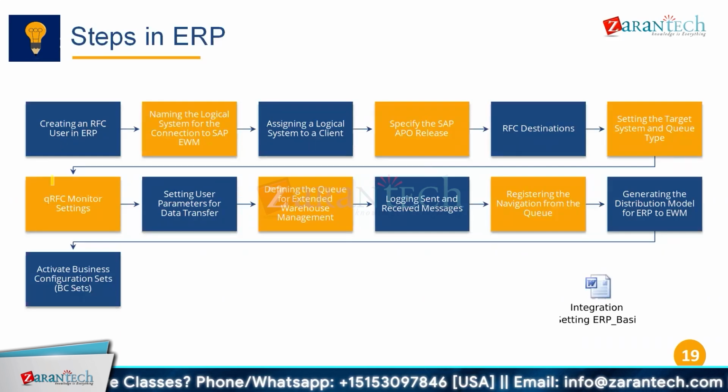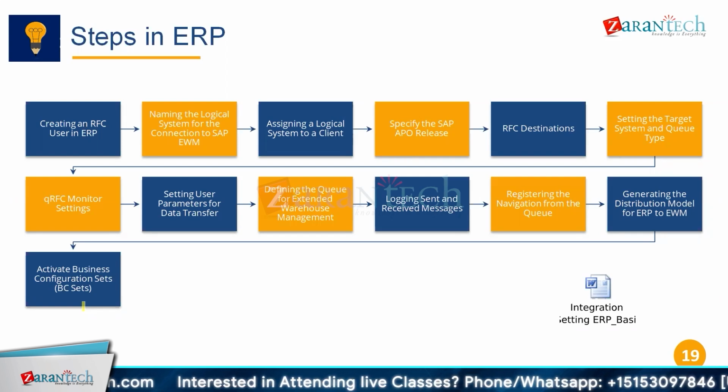There are also some BC sets recommended by SAP to activate as part of these basis settings. I don't want to say that these are the settings to always do and follow this document, because things keep on changing. These are the settings which were there in 1909. So you need to go through the SAP documentation.